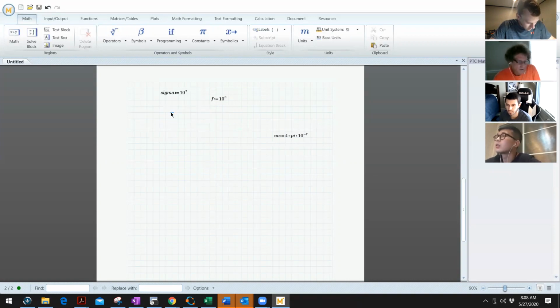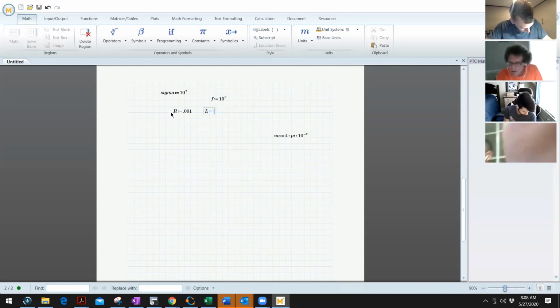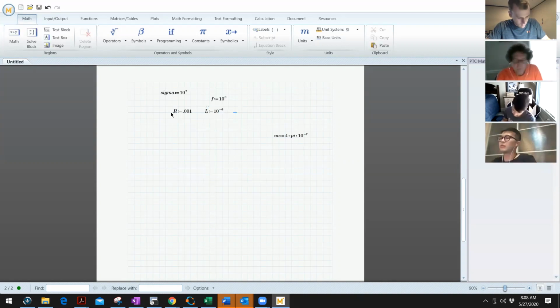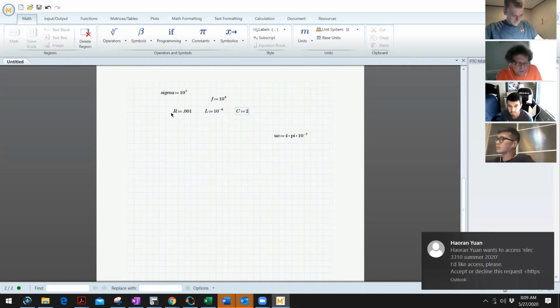R is equal to 0.001. Then we have L is equal to 10 to the minus 6. C is equal to 2 picofarads.